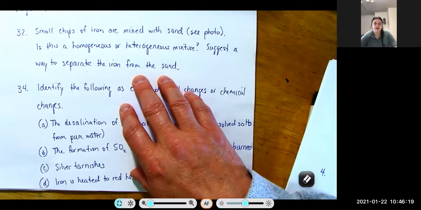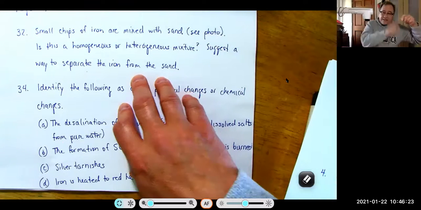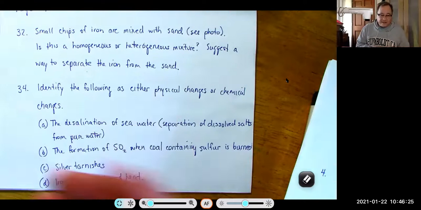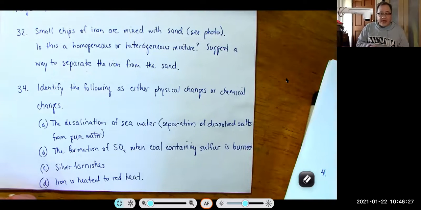It's going to stick to the magnet. And you pull the magnet out, you take the iron off and you dry it, you got the iron. And for the sand, you pour the water out and you dry it and you got the sand. So sometimes when you're trying to separate things, you use tricks, if you will, that make your life easier. And water is a great trick because it's easy to evaporate.